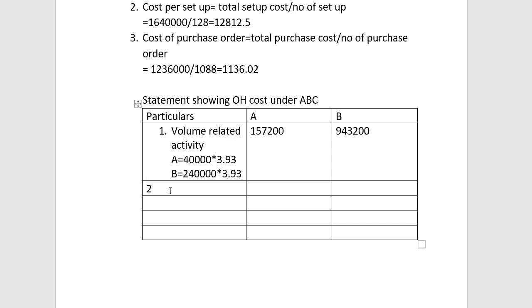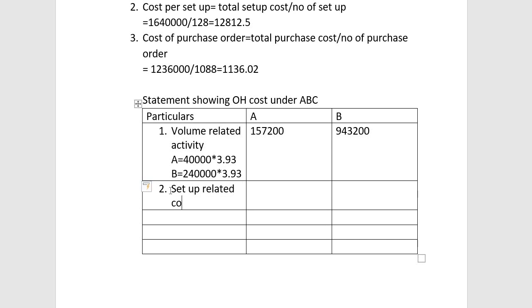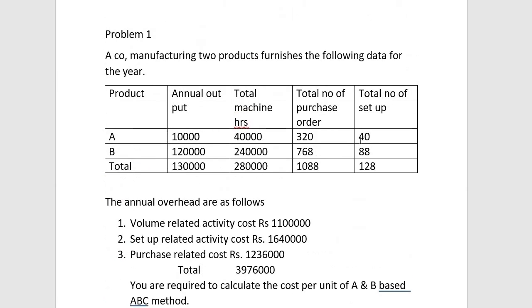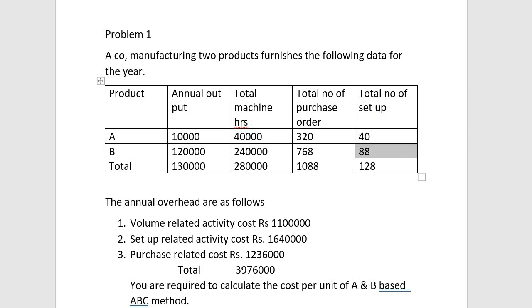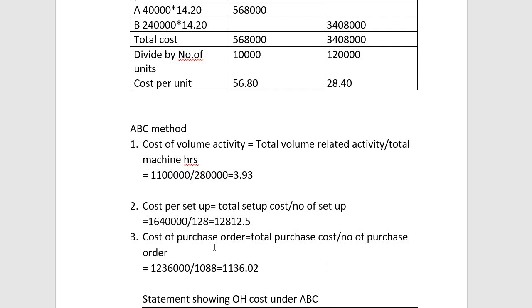The next activity is setup related cost activity. For this, you need to identify the number of setups. The total number of setups for A is 40, for B is 88, and per setup we already found is 12,812.5.